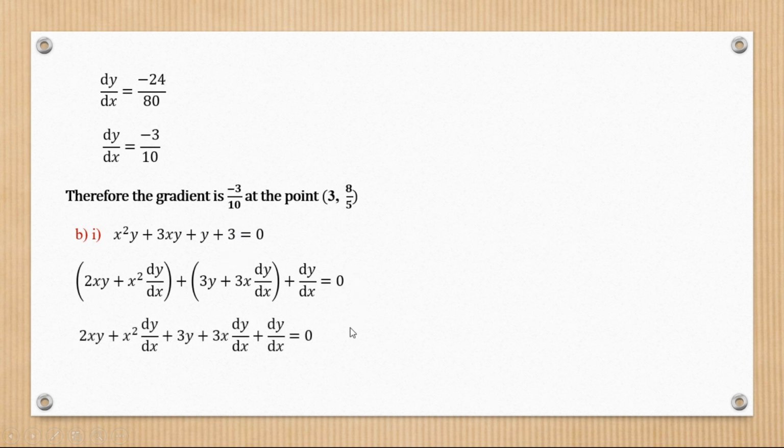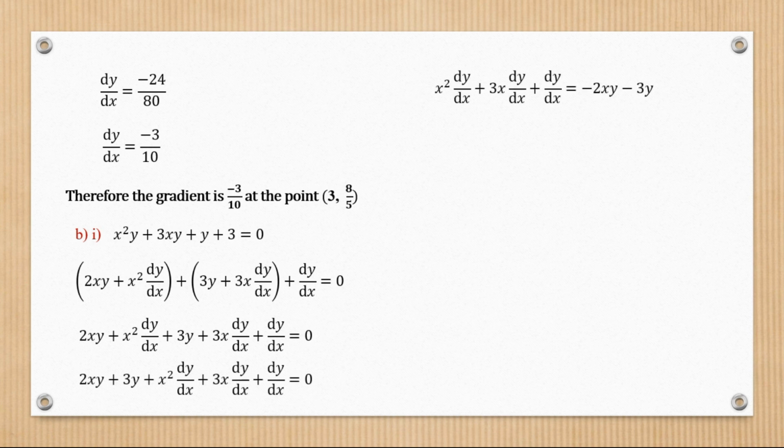So now the next step is I can open these brackets, then collect the terms that have dy/dx together, and then separate them from the terms that don't have the dy/dx. Then if I extract out dy/dx, this is what I have. Make dy/dx the subject, and it will be equal to (-2xy - 3y)/(x² + 3x + 1).